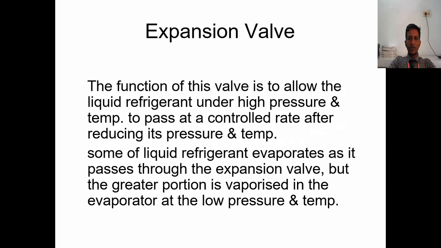The function of this valve is to allow the liquid refrigerant under high pressure and temperature to pass at a controlled rate after reducing its pressure and temperature. The temperature and pressure of the refrigerant are decreased by the expansion process. Some of the liquid refrigerant evaporates as it passes through the expansion valve, but the greater portion is vaporized in the evaporator at low pressure and temperature.